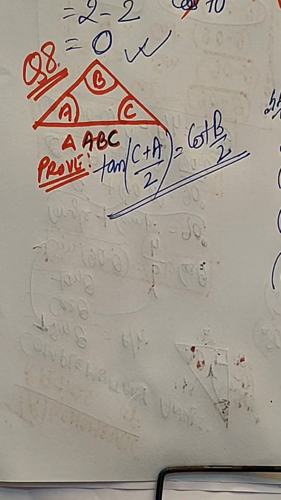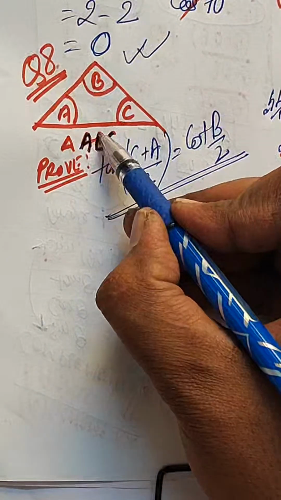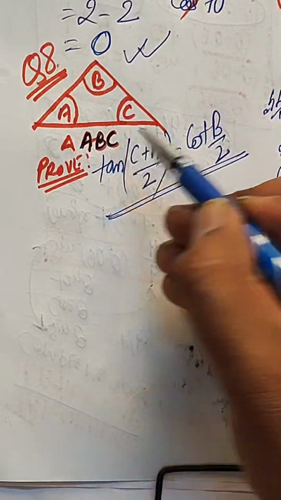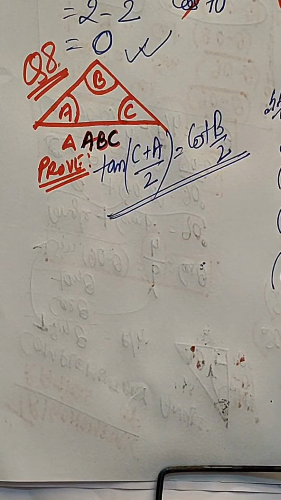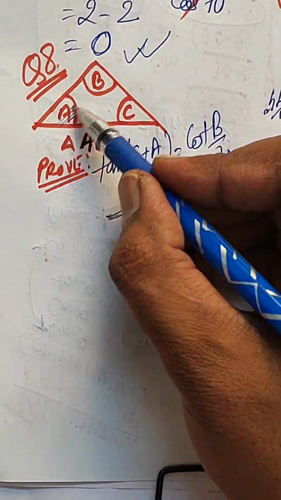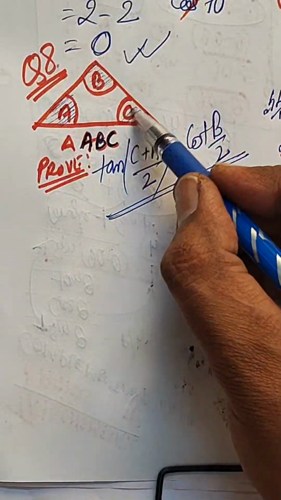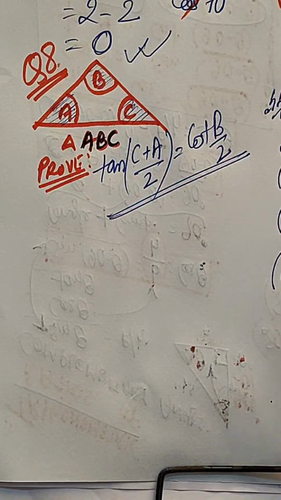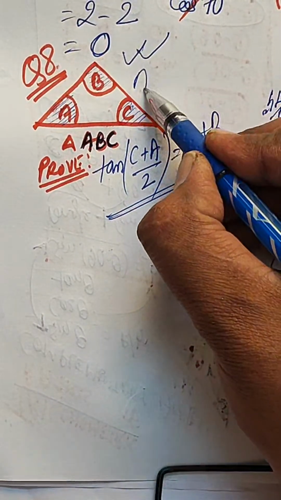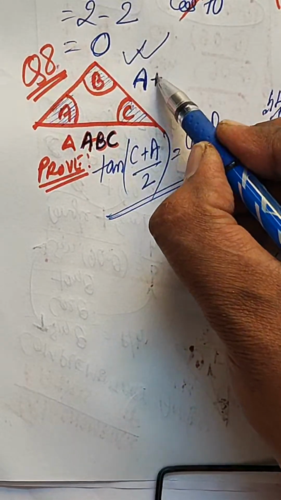So from here we can see that if A, B, C are the angles of a triangle, then the sum of all angles of any triangle, we know that it's 180 degree. So angle A plus angle B plus angle C will be equal to 180 degree. Just remember this concept, nothing more than that. It's a very easy question.